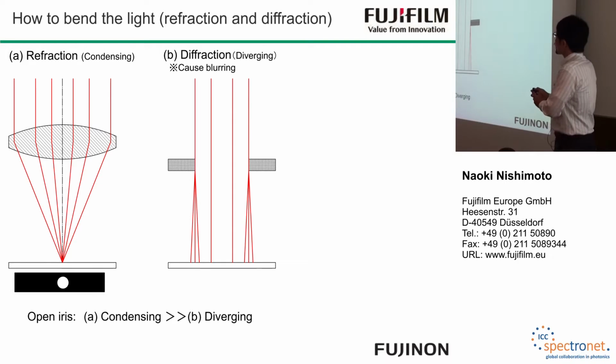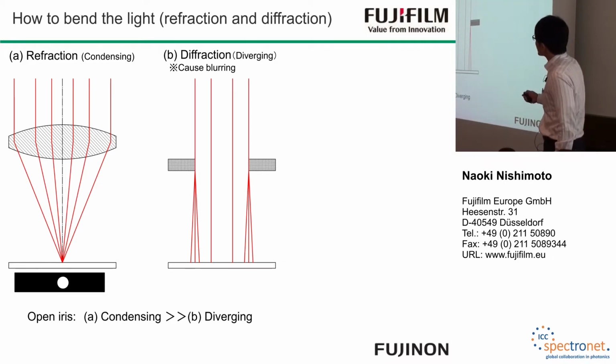The other way is diffraction. Once the light contacts a solid, it is bent and also spread like this, and that causes blurring. Take a sensor here, for example. Then the spread image makes blurring.